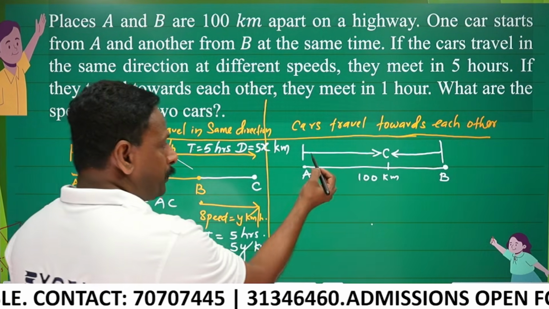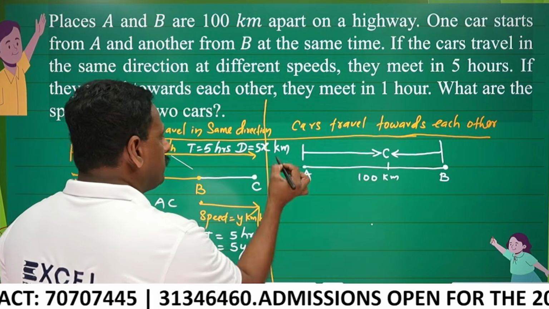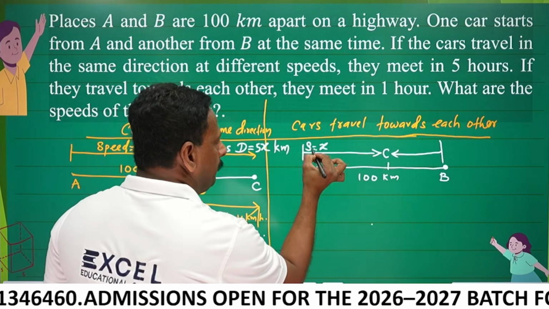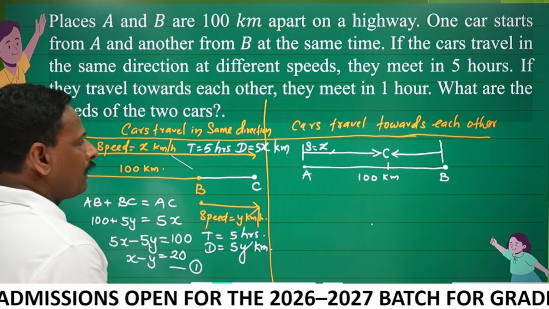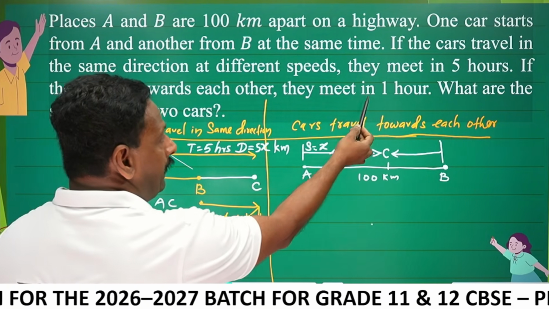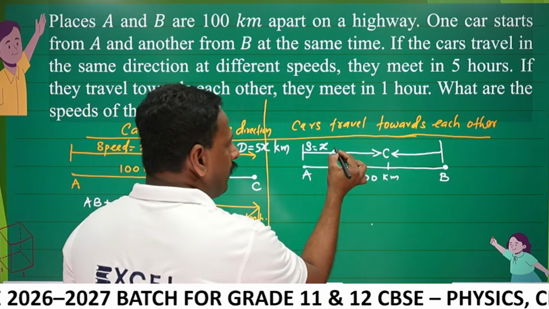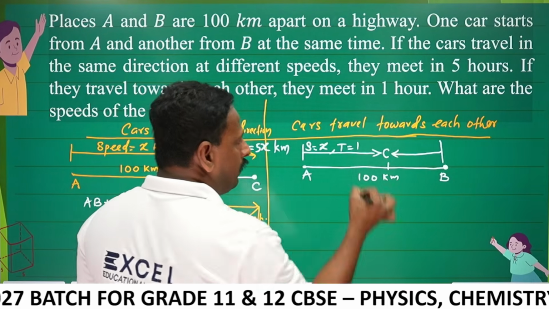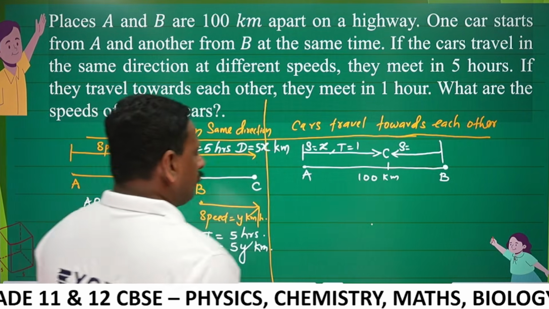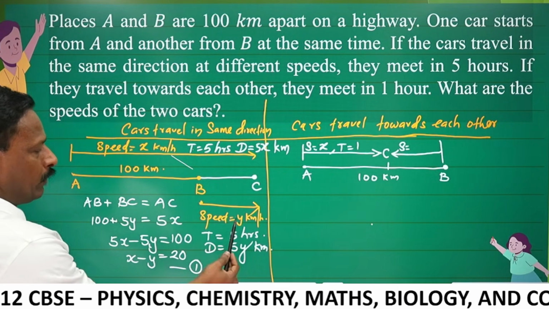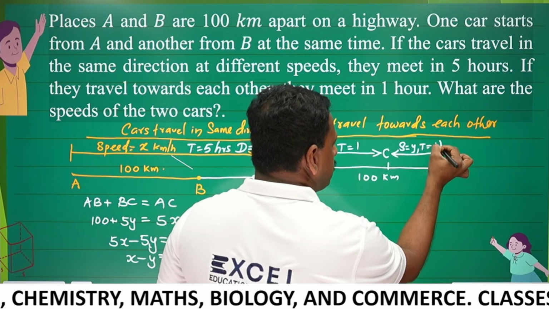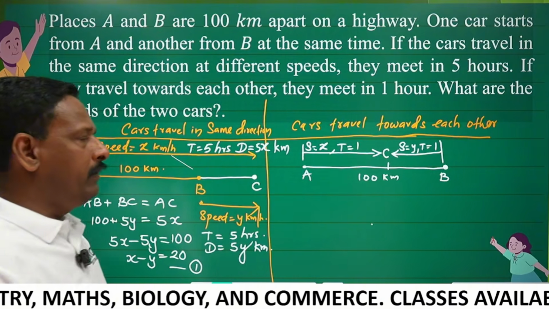The speed of the car from A is x kilometers per hour, and they meet in 1 hour. So both the cars travel 1 hour. The speed of the car starting from B we took as y, and the time this car traveled is 1 hour, right?